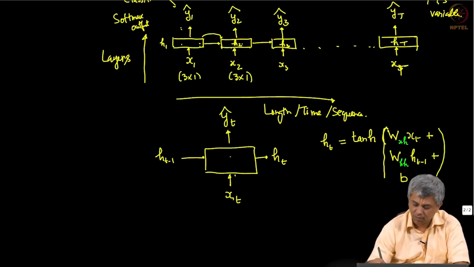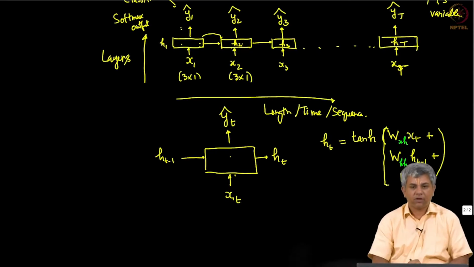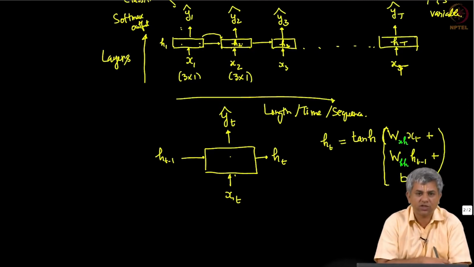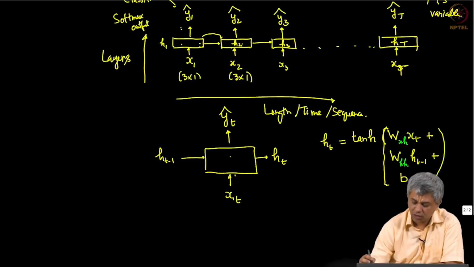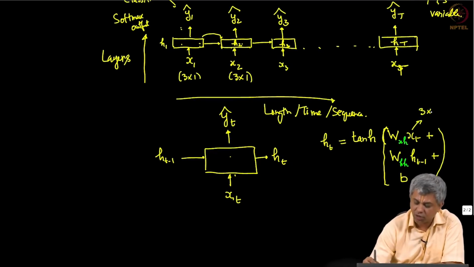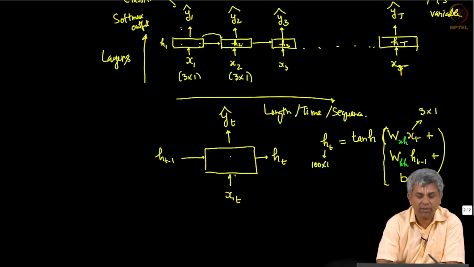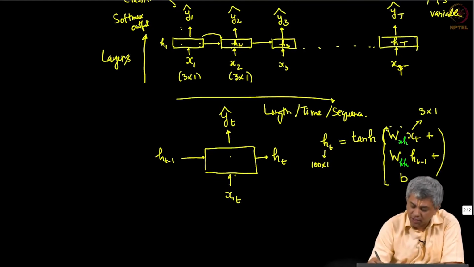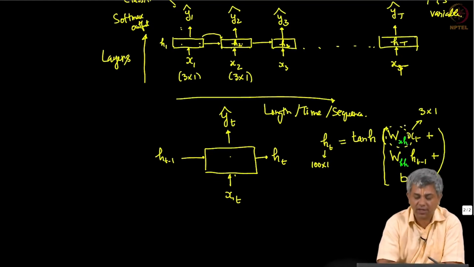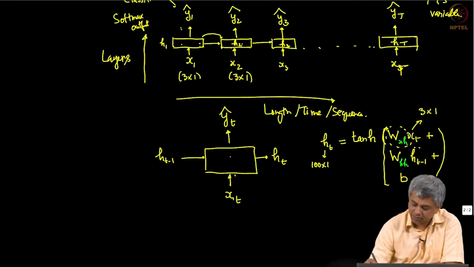Now, for this example let us see what the sizes of these matrices ought to be. Xt at any point is a 3 cross 1 matrix, H is a 100 cross 1 matrix. So, what should be the size of wxh? Please think about it.